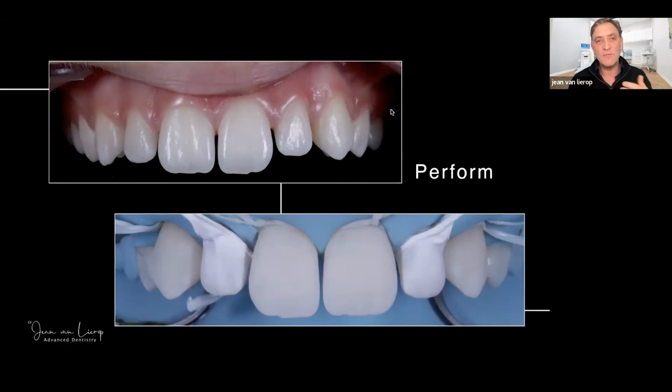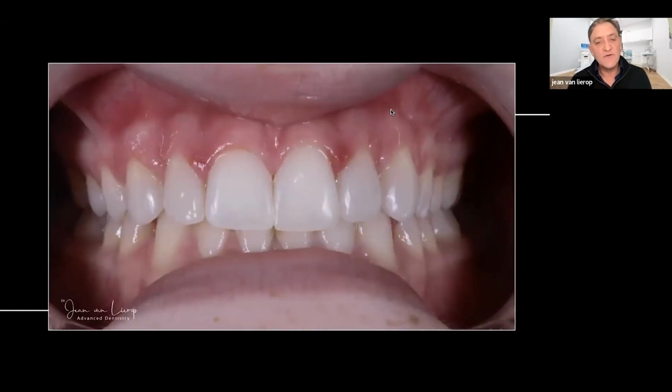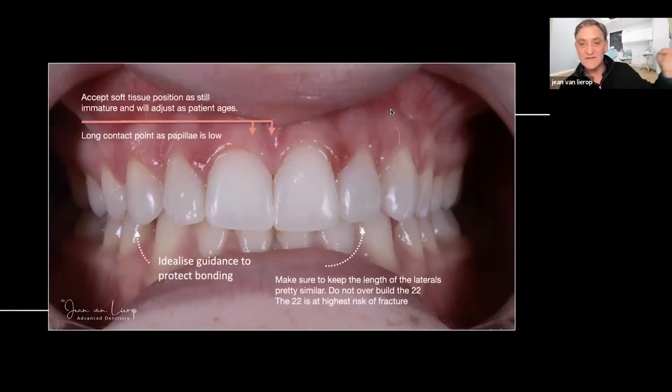We guide it from a palatal shell, and through the whole process, we create a lovely restoration, creating everything that we want, and accepting and understanding, connecting the plan that we had in the beginning, what we wanted to achieve in the beginning, and we're connecting that with what we actually achieved at the end.